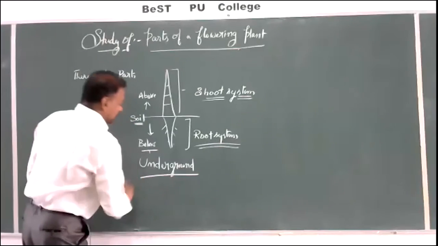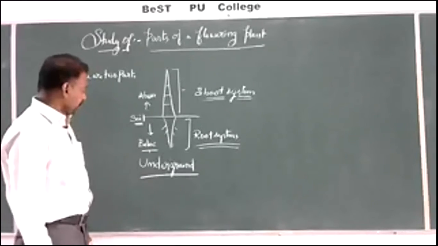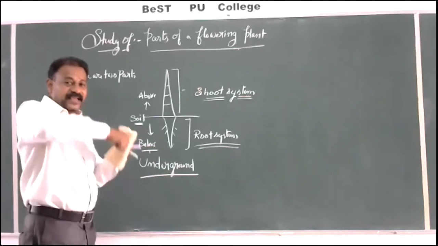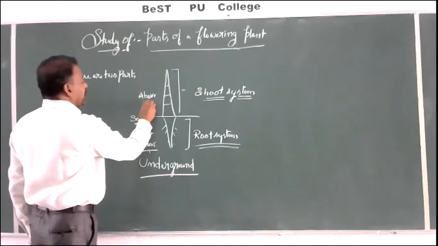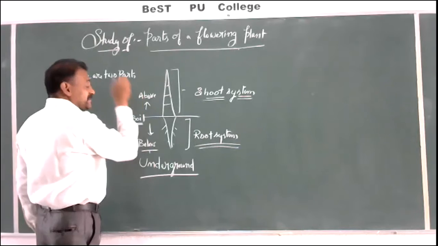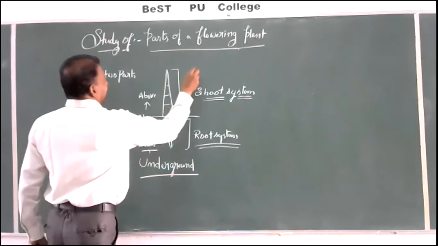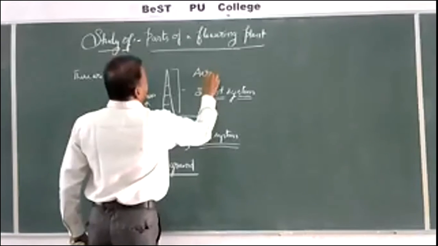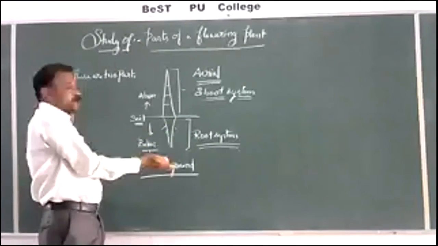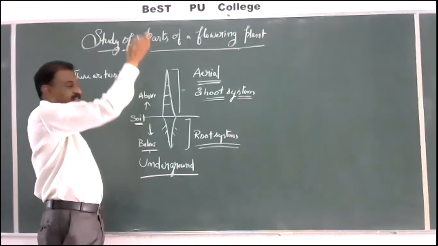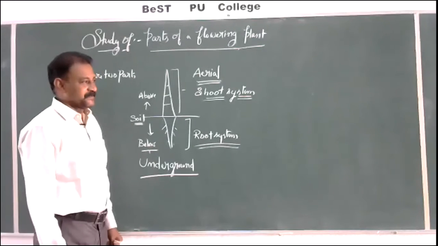Underground means below the soil. We cannot see it unless we pluck a plant from the soil. Above the soil, we are able to see. For this, there is a technical word which is called aerial, A-E-R-I-A-L. Aerial means into the air, into the atmosphere. Above the soil, visible. We can see that.